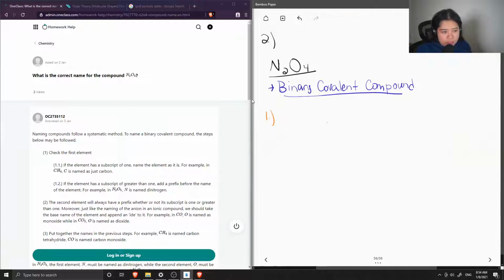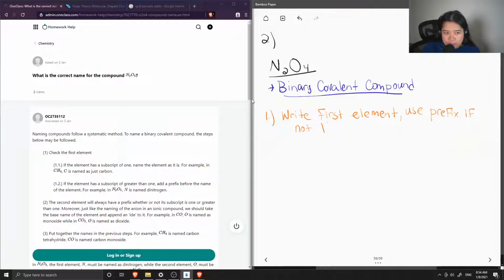So first, we would write the first element. And you would use a prefix if you have more than one atom.